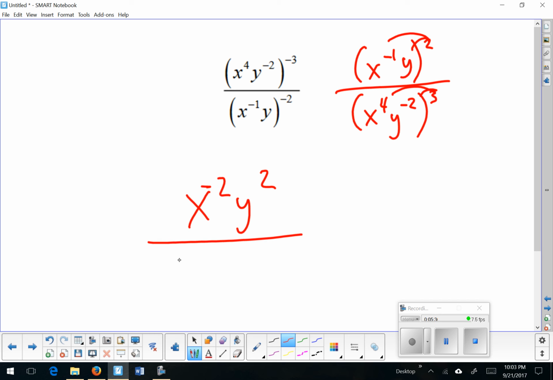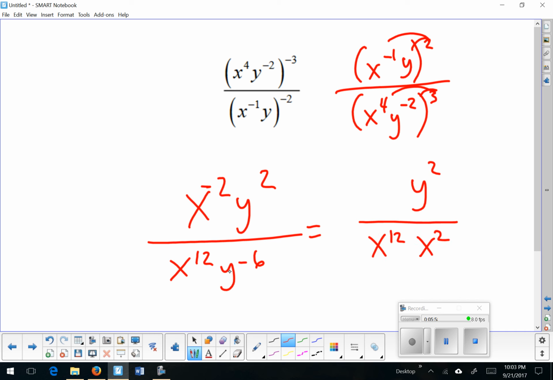And in the denominator, I'm going to get x to the 12th, y to the negative 6th. And now I can flip the pieces that have negative powers. So this factor has, and this factor has, but these don't. So this one is staying put, this one is staying put, this one is coming down, and this one is going up.